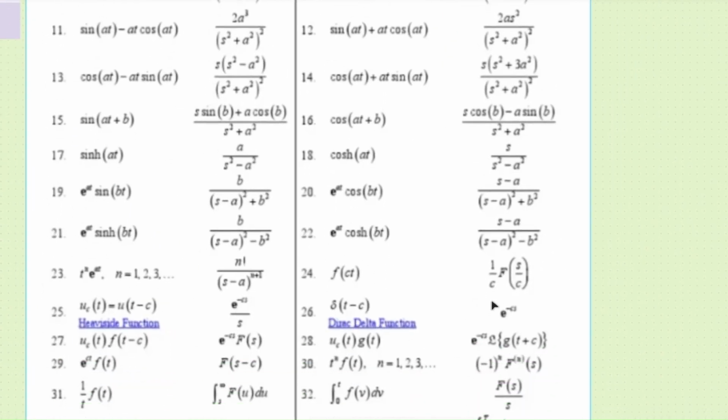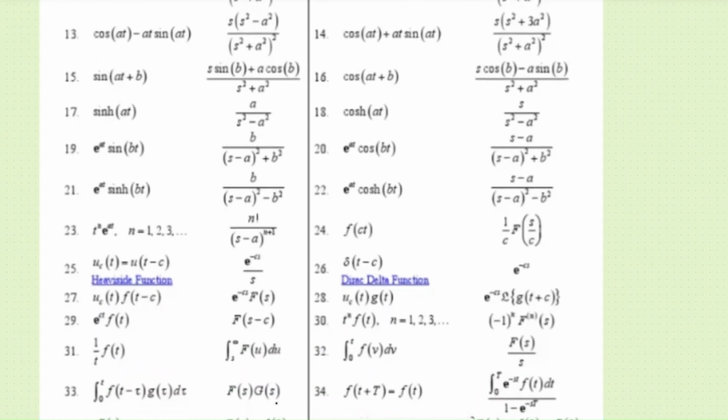This is our Dirac delta function, and if our Dirac delta is delta of t minus c, where c is a constant, its Laplace transform is e to the negative cs. So whatever is written here as constant c, we put it in here. Just remember e to the negative cs.